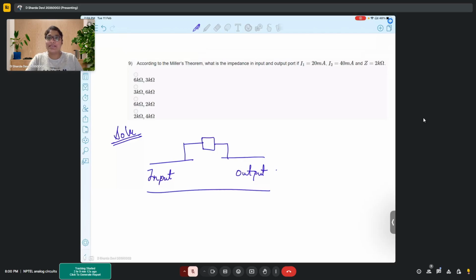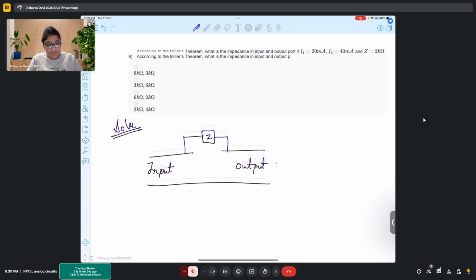When you have to apply KCL or KVL, but you have a node, a source that is shared between two nodes, there is no reference. So it's very difficult to analyze those points, right? Similarly, here also we face this issue.